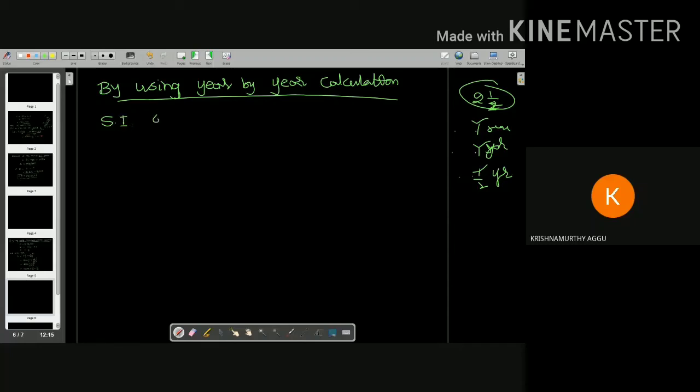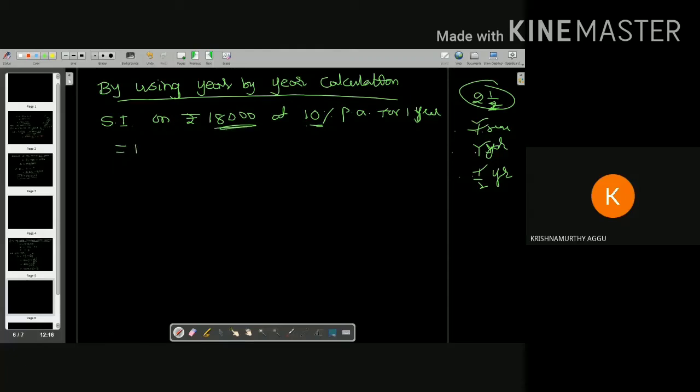SI on the principal amount. What is the starting amount? That is 18,000 at the same rate, 10 percentage per annum for 1 year. So for this first year, we have to find simple interest on this amount for 10 percentage per annum. Simple interest formula: principal into time into rate of interest divided by 100.